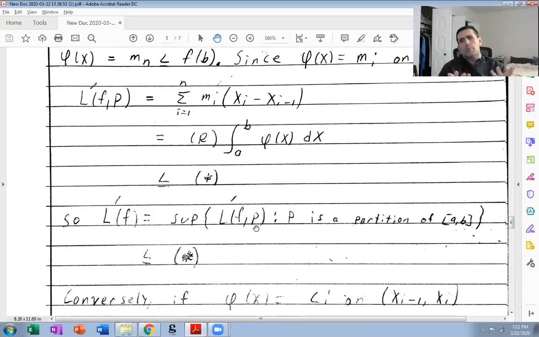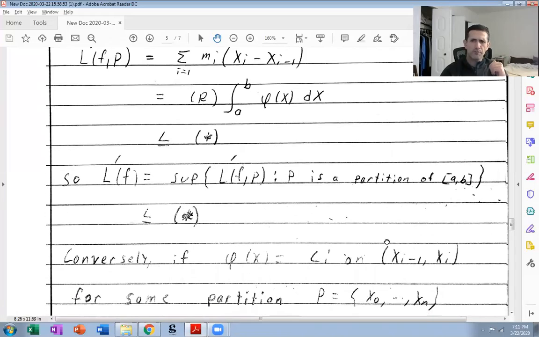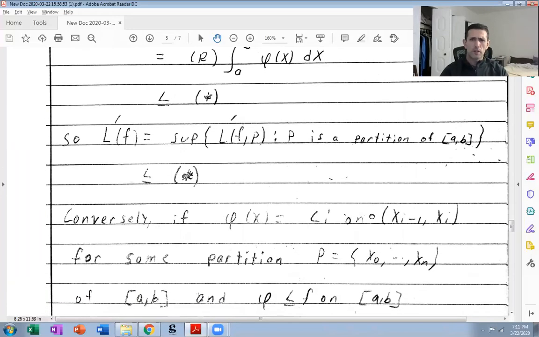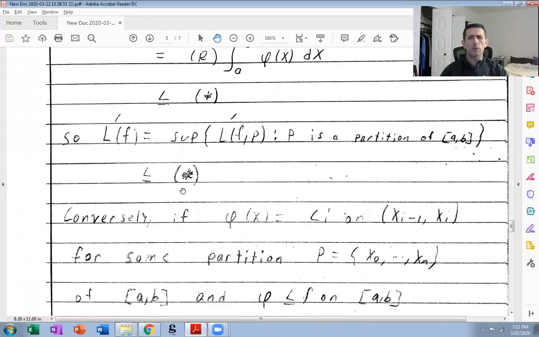So it's some number ci on all of these partition intervals for some partition of A to B. Okay, and in star, we're taking the supremum over all these integrals, integrating step functions on A to B, where the step function is less than or equal to f on A to B.